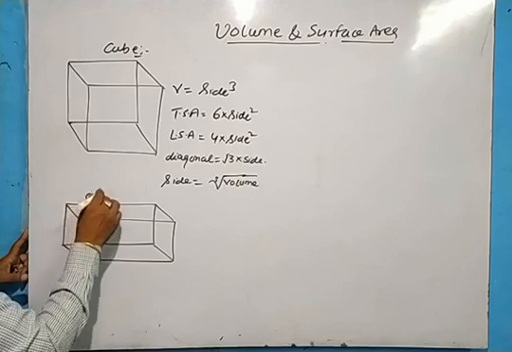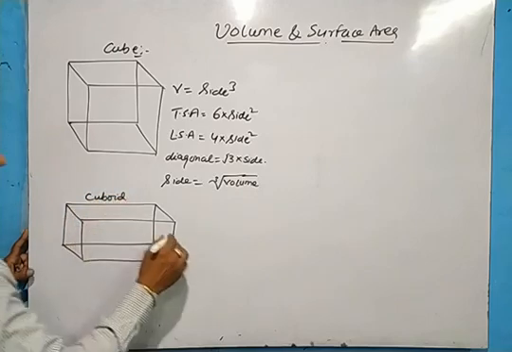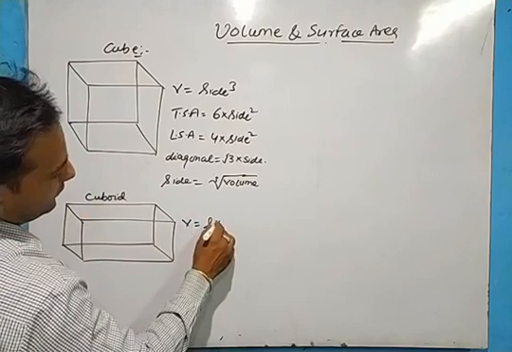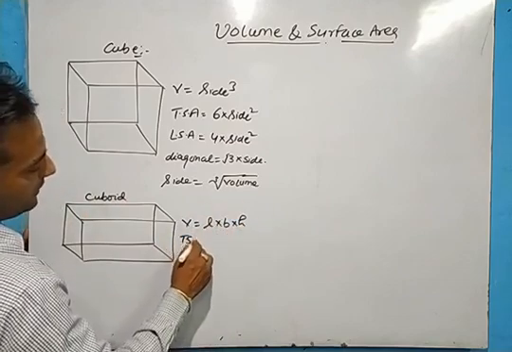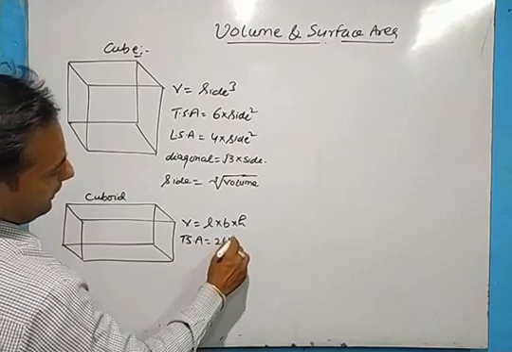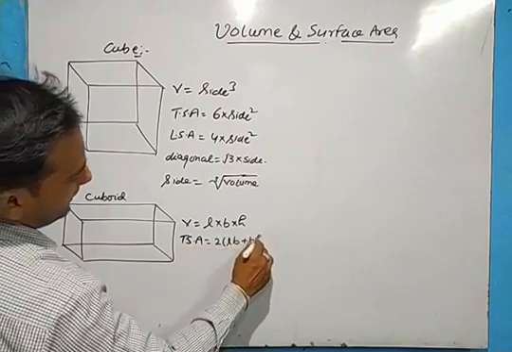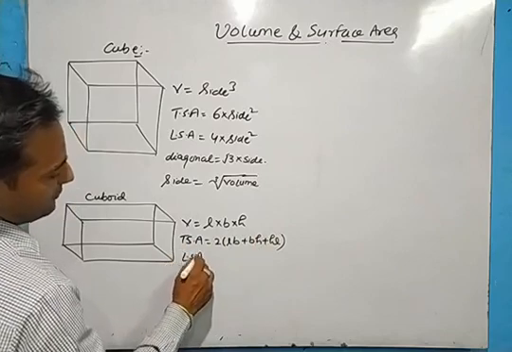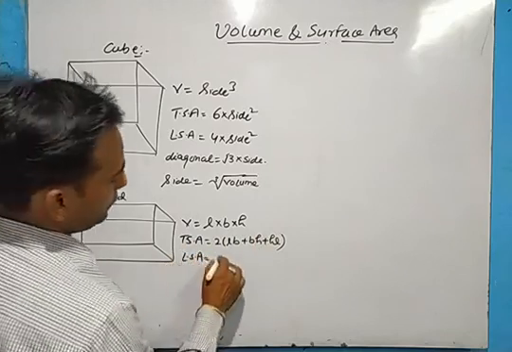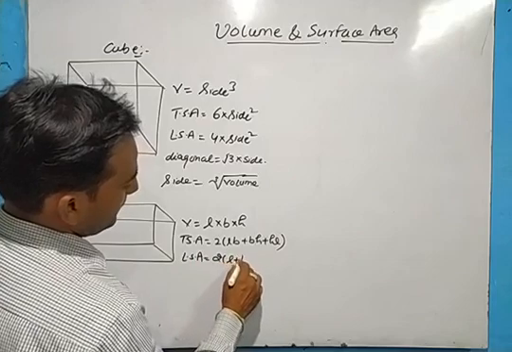for cuboid the volume is L into B into H. Total surface area will be 2 into (LB plus BH plus HL), and lateral surface area, which is called area of 4 walls, is 2 into (L plus B) into height.